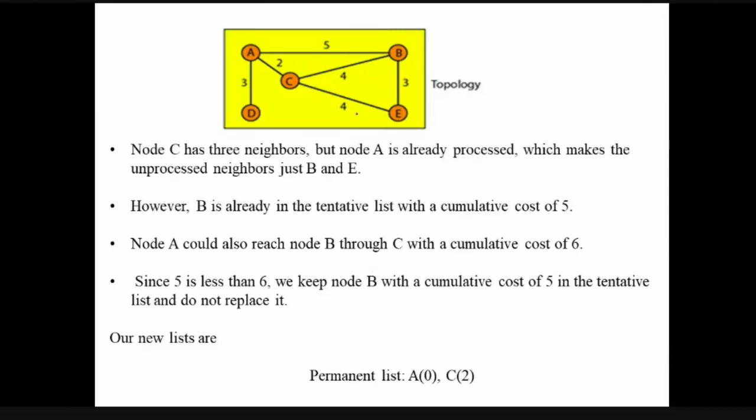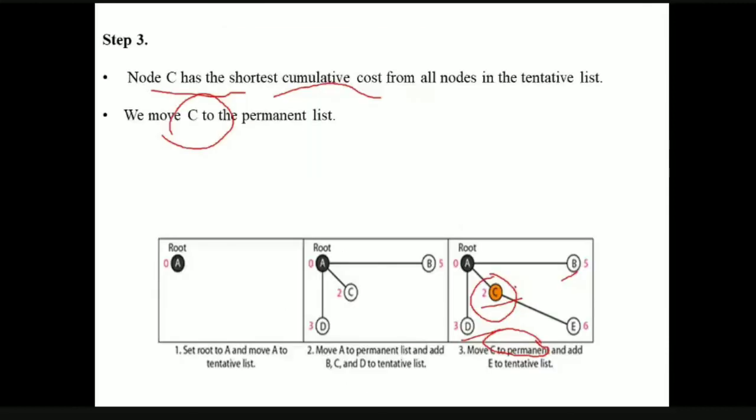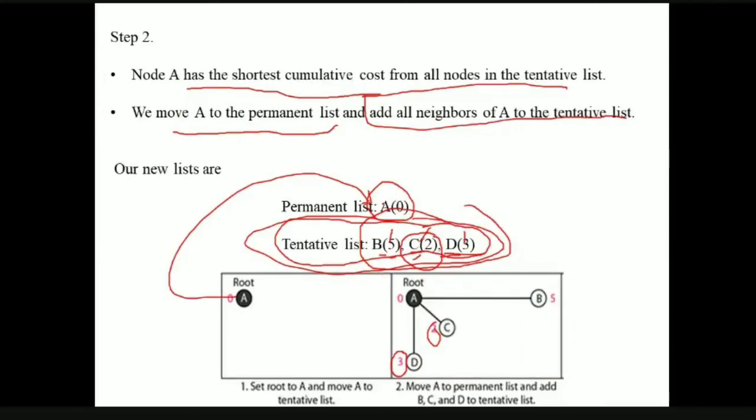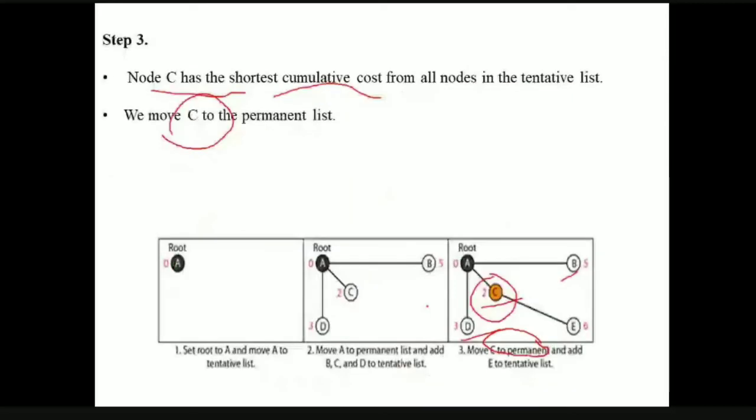If you see here, after moving C to the permanent list, initially when we moved A to the permanent list, what did we do? We added all the neighbors of A to the tentative list, right? Similarly, when we are moving C to the permanent list, we have to add all the neighbors of C to the tentative list.